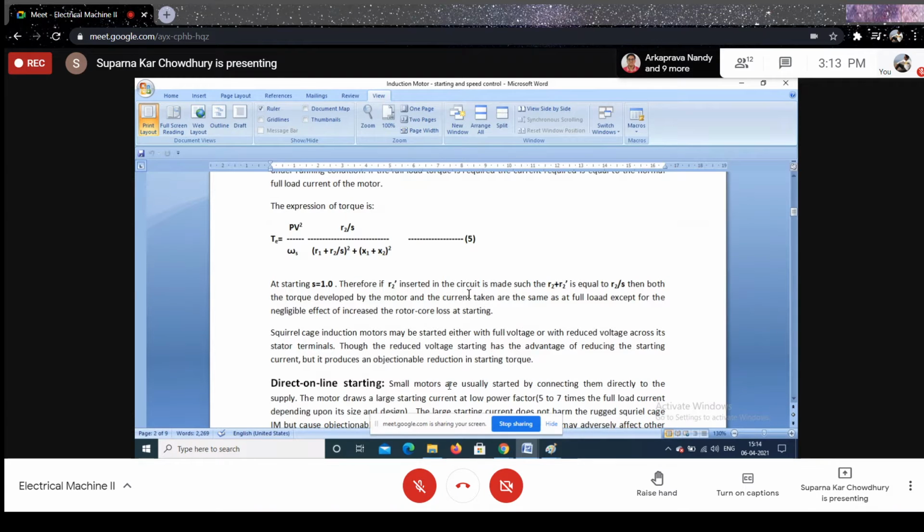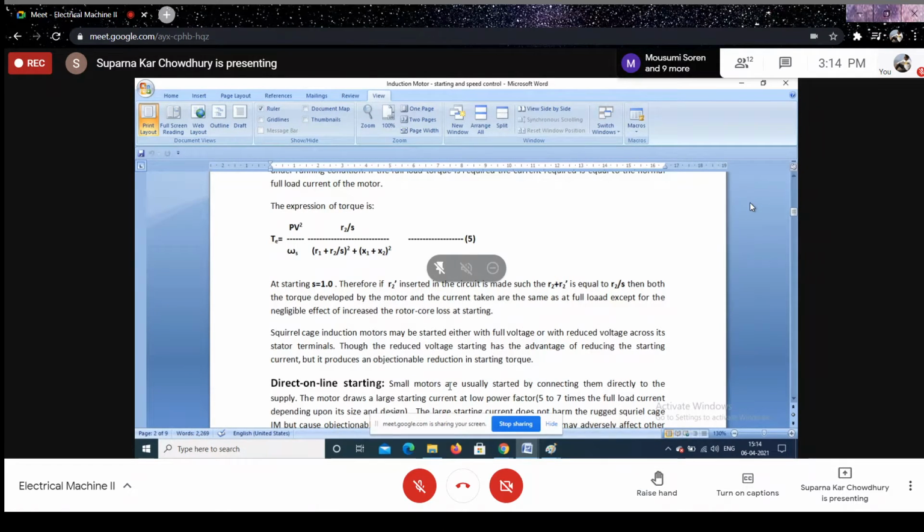So therefore, if R2 dash is inserted in the circuit, if by inserting the resistance it can be made that we have the maximum torque at starting, that we have derived earlier, because the slip at maximum torque is approximately proportional to the resistance of the rotor circuit.